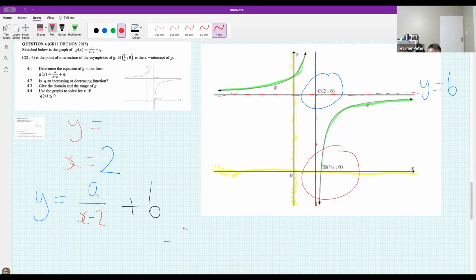So you are going to sub in the point 5/2, 0. And I want you to use that to help me find what a is. What is the a going to be?